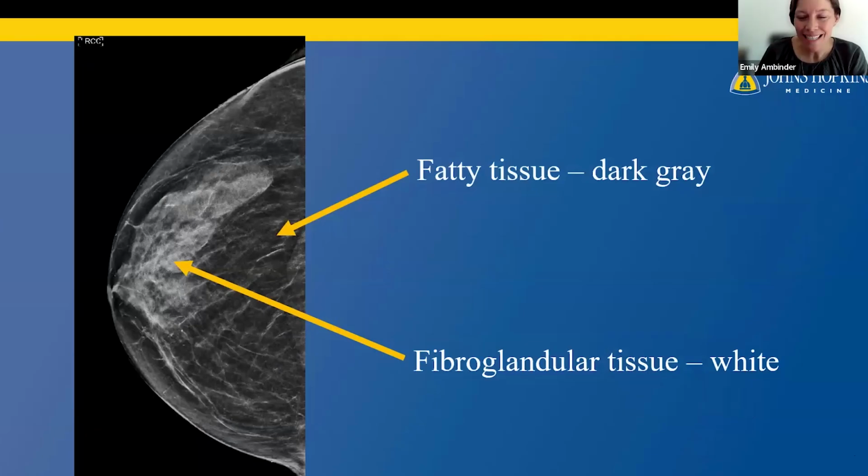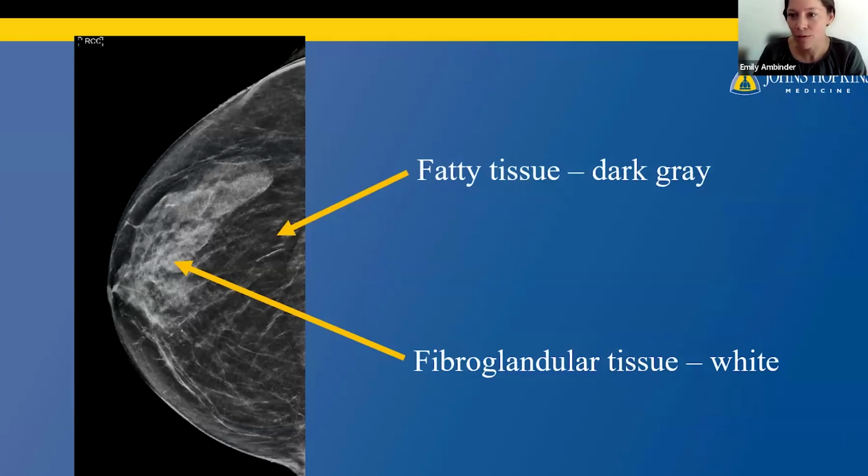Emily, how do these tissues, the glandular tissues, the fibrous tissues, the fat, what do they look like on a mammogram? Something you're looking at all day, every day. What do they look like? This is an example of a mammogram, and I'm showing those same two elements that Danielle spoke about earlier.